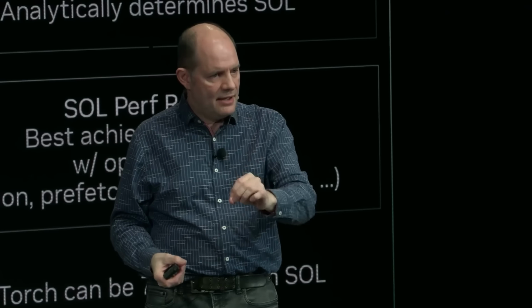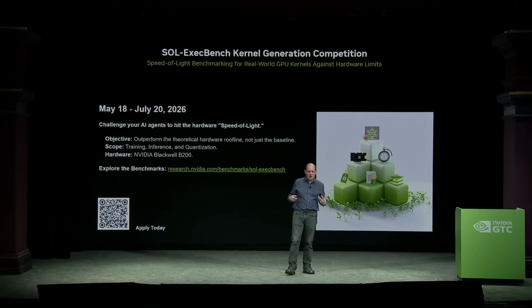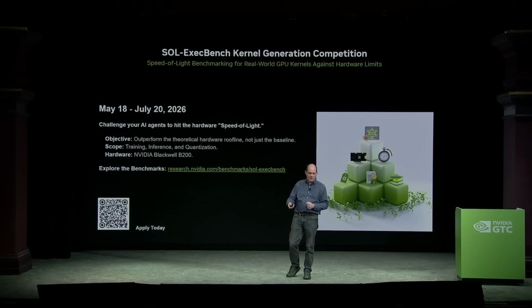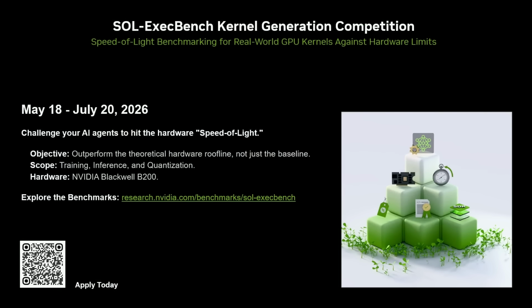And so this is their stake in the ground to say, here is a very well thought through, detailed, comprehensive suite of benchmarks for the AIs to be tested against to see, am I improving the quality of my agent or not? They have a kernel generation competition. There's a QR code here. You can go to their website and explore the benchmark. Again, all of these links, the PDF will be available online, and you can just go and follow them.